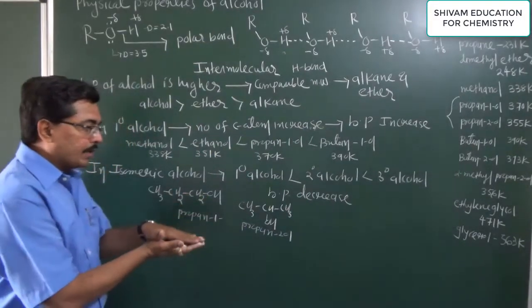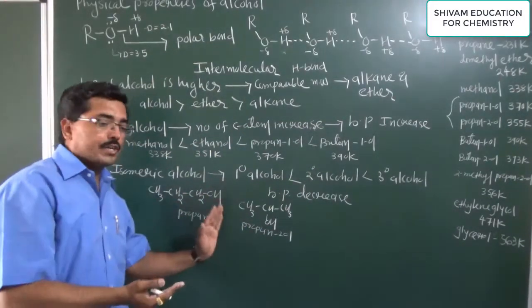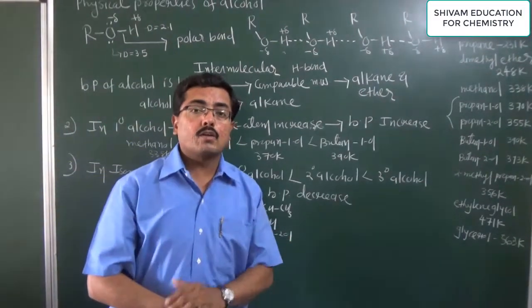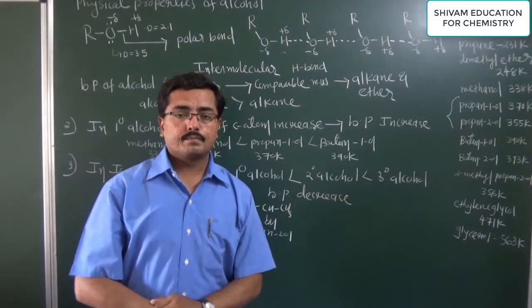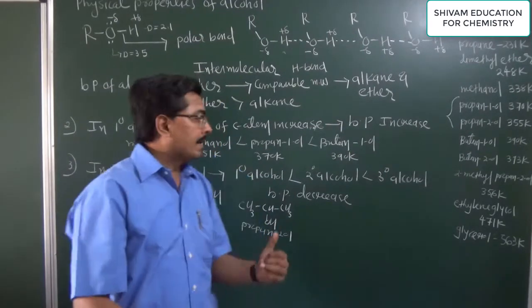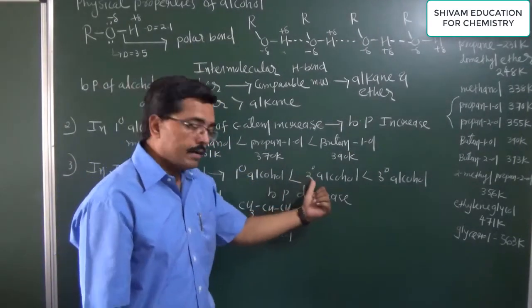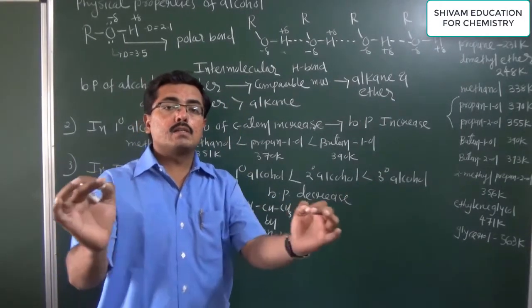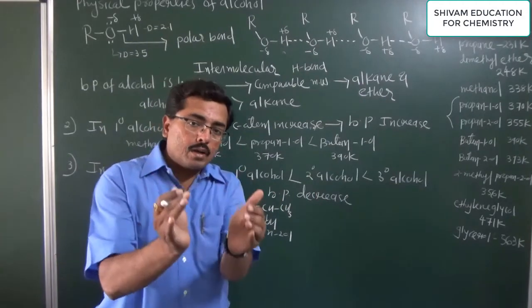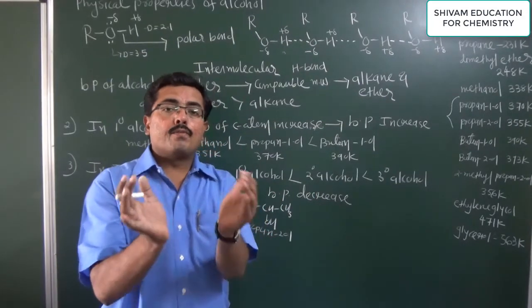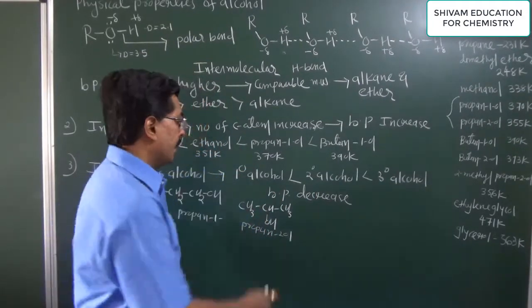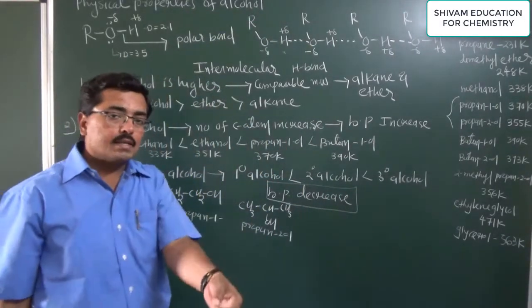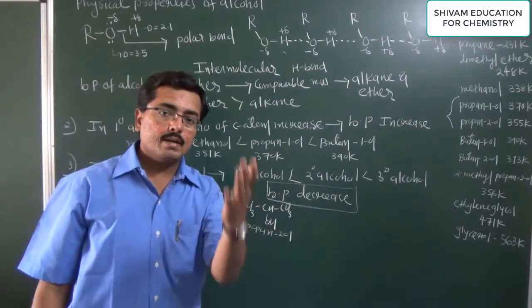Between two molecules, here it is a linear chain and here one branch. In the different structure of tertiary alcohol, two branches are there. So as we go from primary to secondary to tertiary alcohol, the intermolecular distance increases. When the intermolecular distance increases, the force of attraction decreases, and as a result the boiling point will decrease.